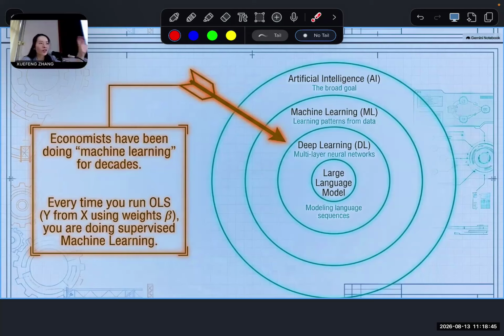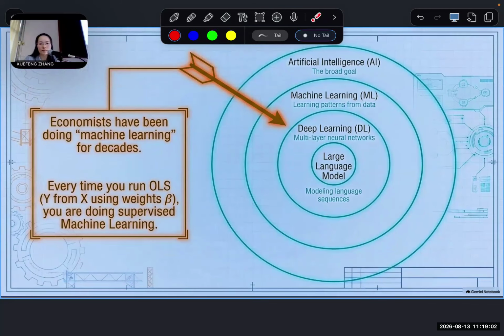Because we have a goal, we label X, we label Y, and we want to know their relationship. This is supervised machine learning. So OLS is a kind of supervised machine learning. You didn't just learn econometrics this semester. You learned the fundamental logic that sits at the center of the entire AI field.